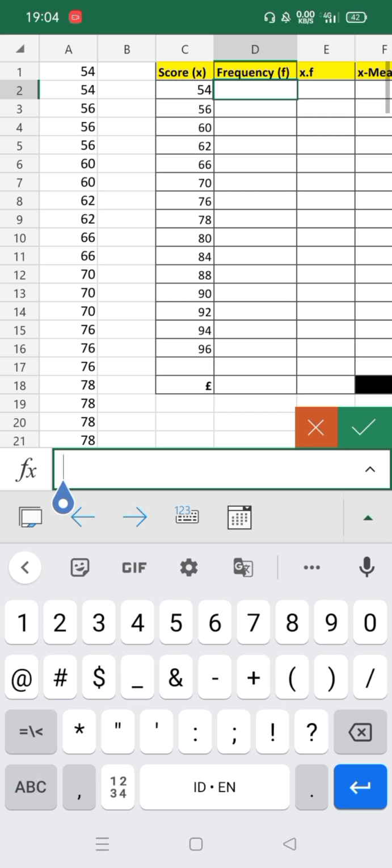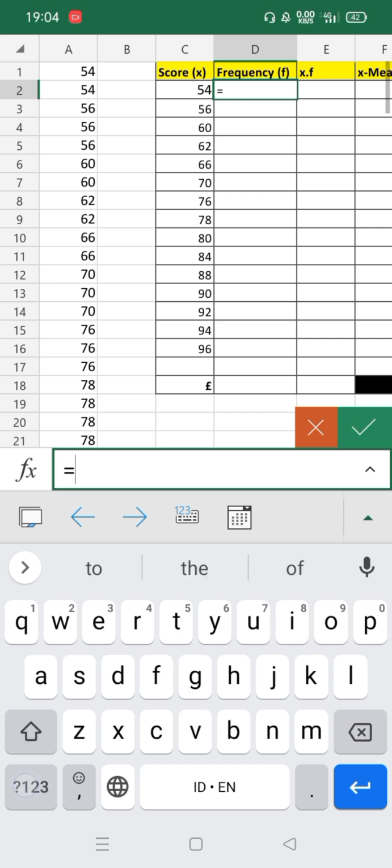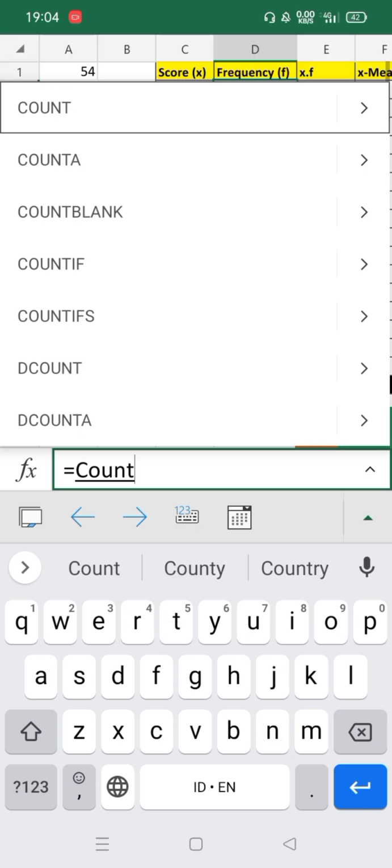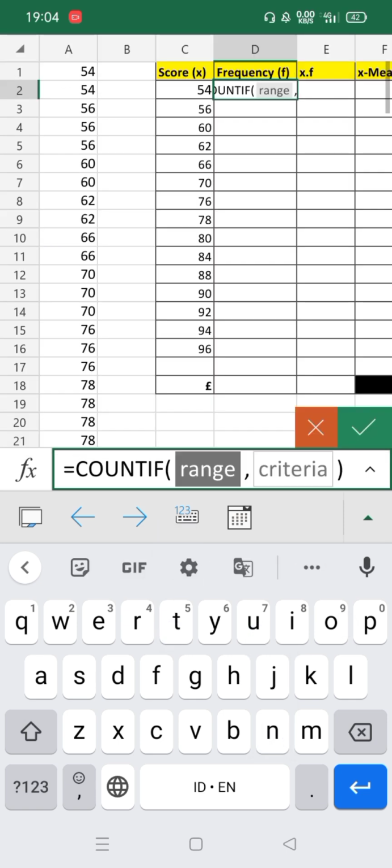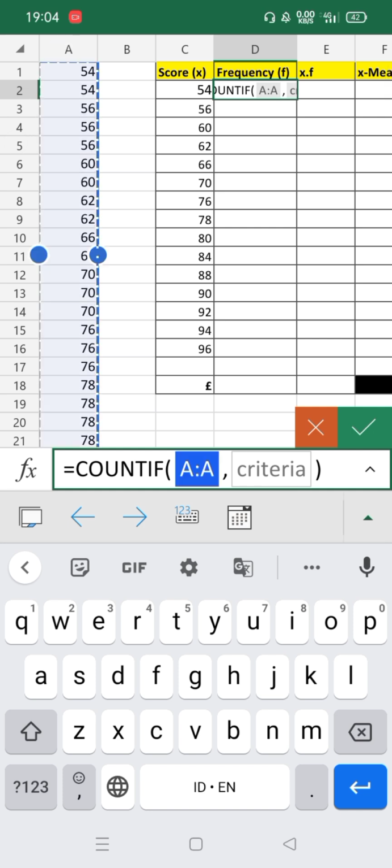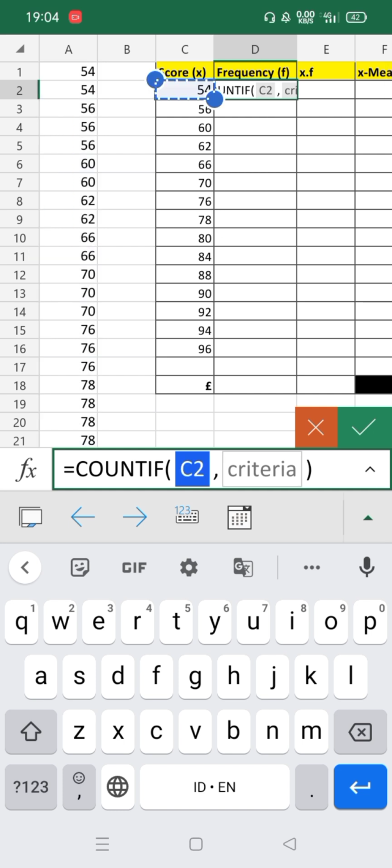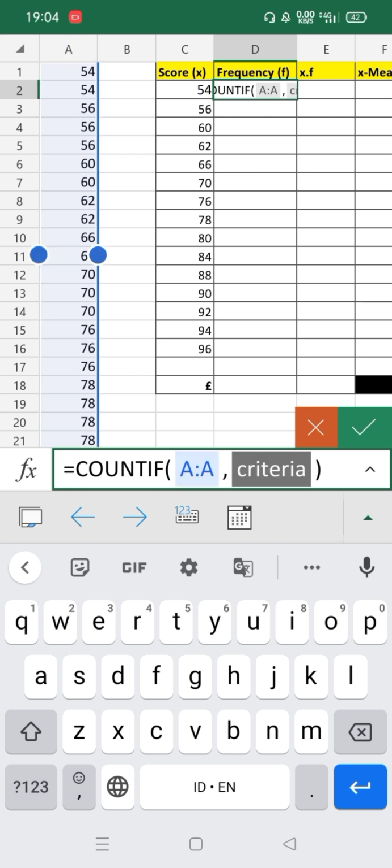What you must write first is equal COUNTIF. First the range, and the criteria.